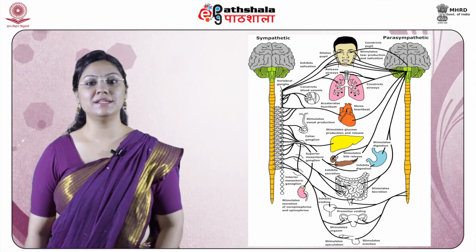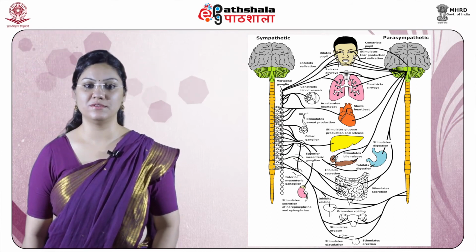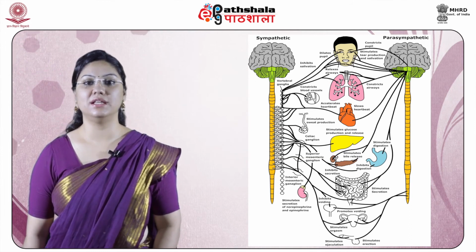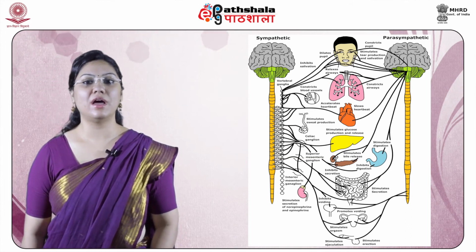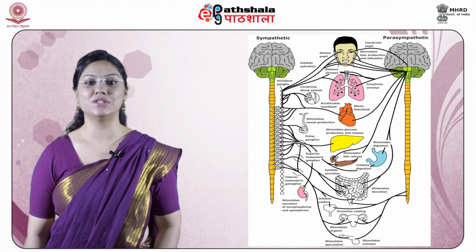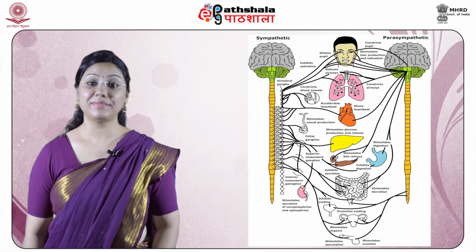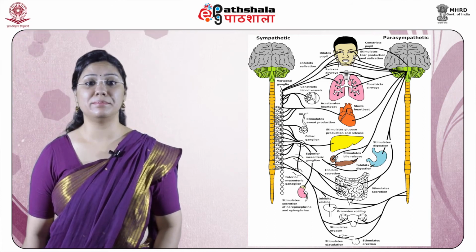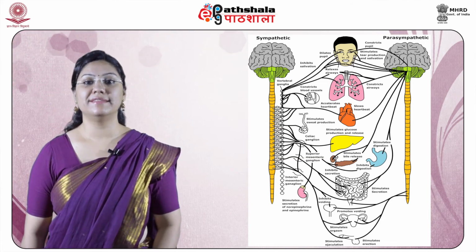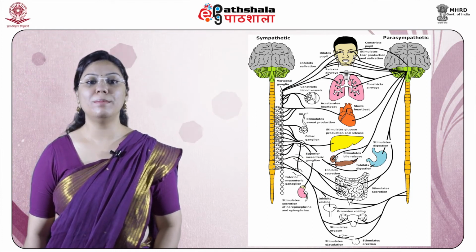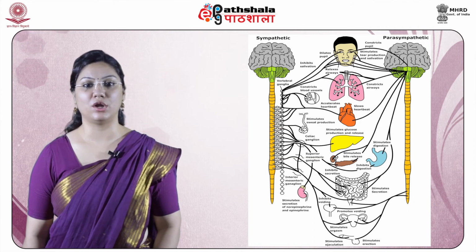The sympathetic nerves are those motor nerves of the ANS that project from the CNS in the lumbar, small of the back, and thoracic, chest, regions of the spinal cord. And the parasympathetic nerves are those that project from the brain and the sacral, lower back, region of the spinal cord.